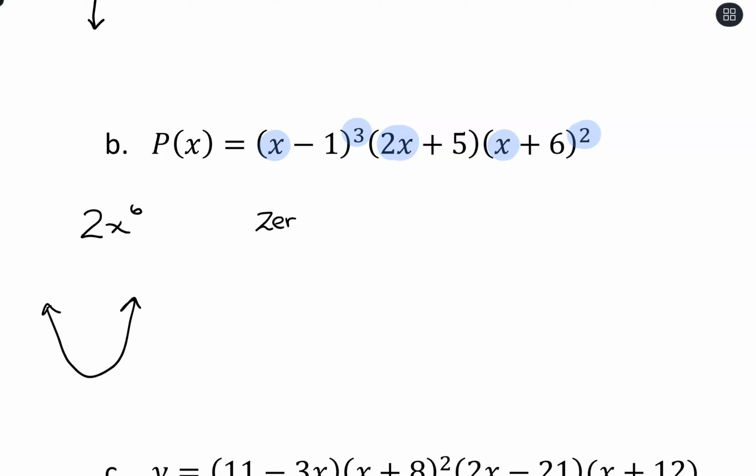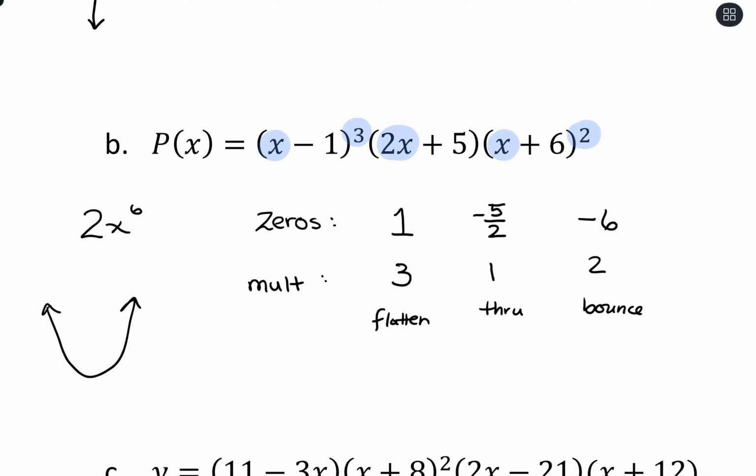And then for our zeros, we're going to have a +1, a -5/2, and a -6. And then we are going to have some different multiplicities here. So we have a 3, a 1, and a 2. So we're going to see all of our shapes here. We're going to flatten, we'll go through, and then we have a bounce.